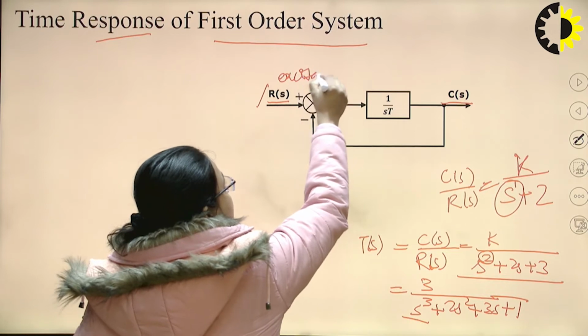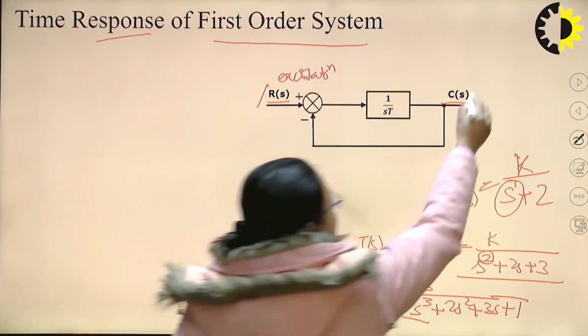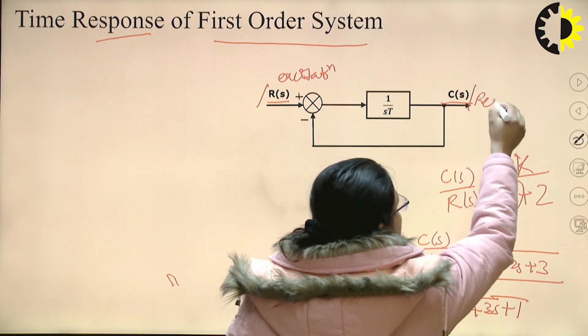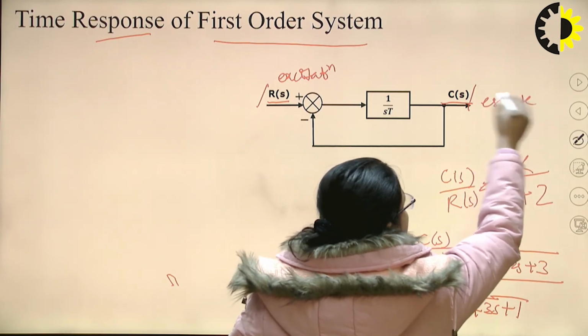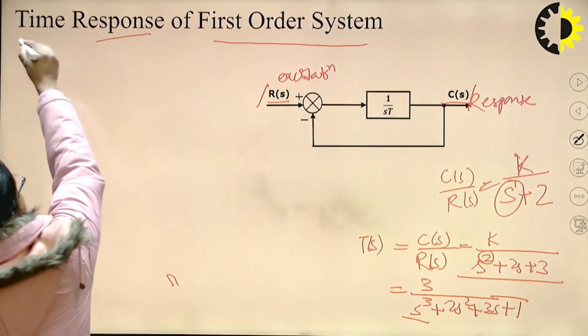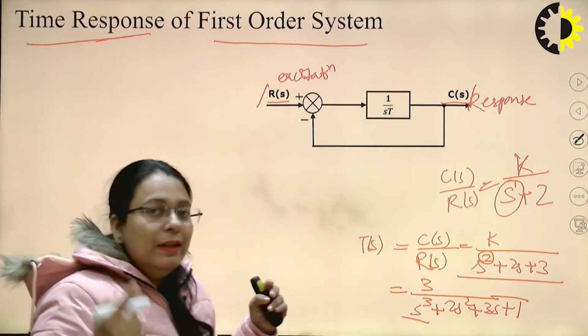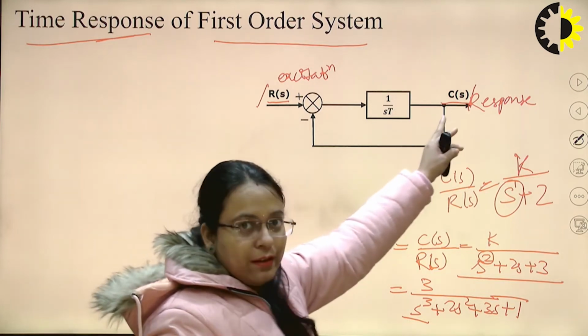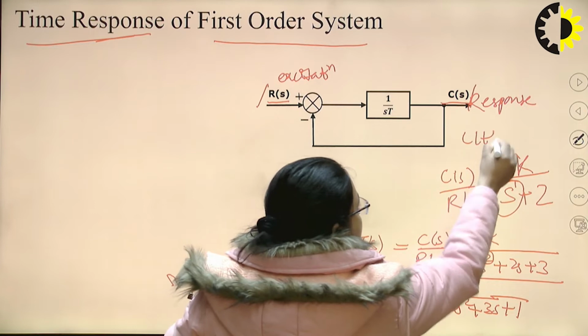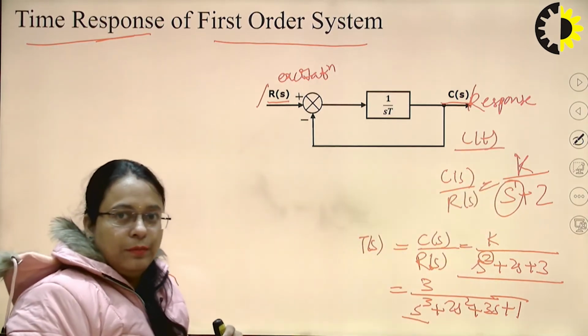Similarly, output can also be called the response of the system. Now time response means the response of the system in the time domain. Here C(s) is in the frequency domain, so we have to find out c(t) for the first order system.